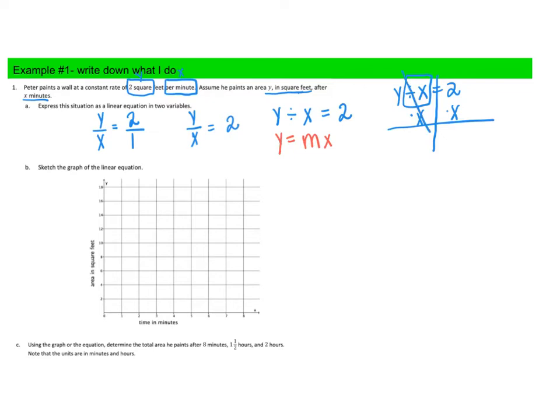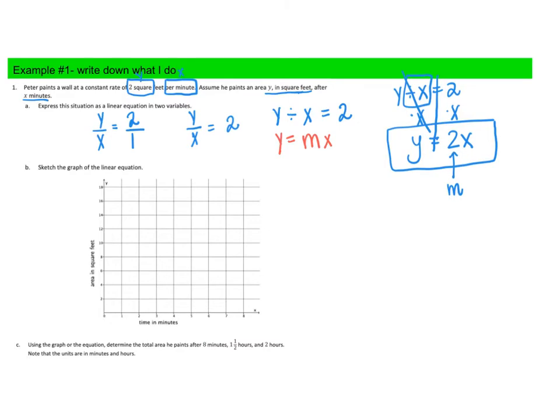Over here it cancels, and I'm left with y equals 2x. So this is my linear equation for this situation. Again, I just wrote out what I had and then changed it to follow this format. I know that this is in the m position, so my slope, or my constant rate, is 2 square feet in 1 minute.